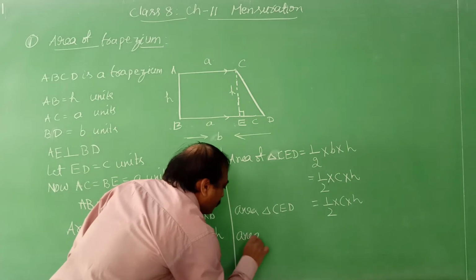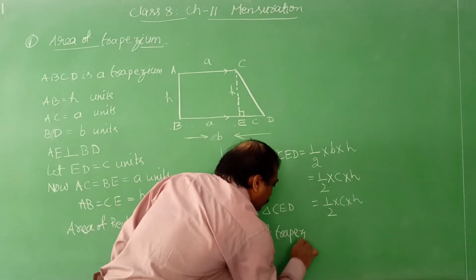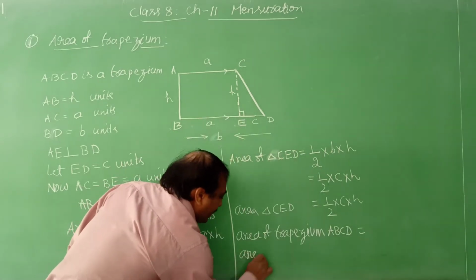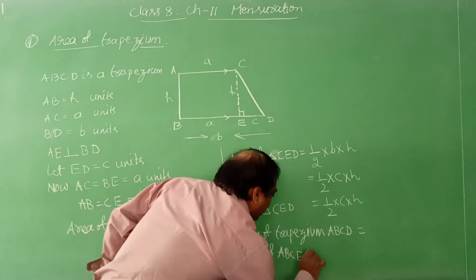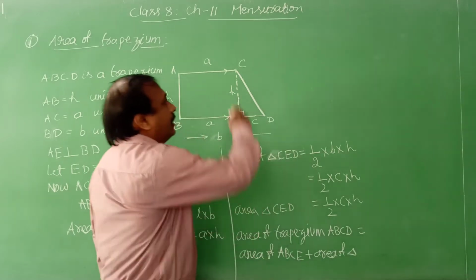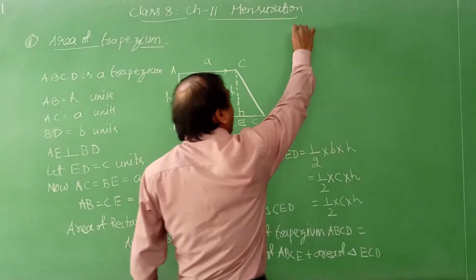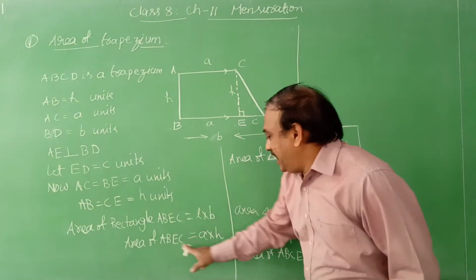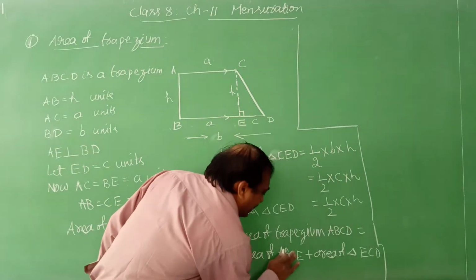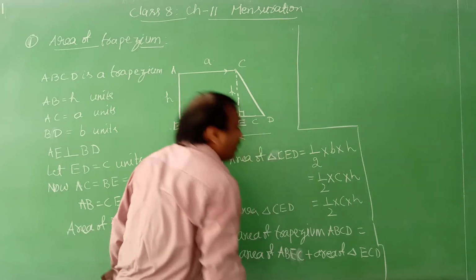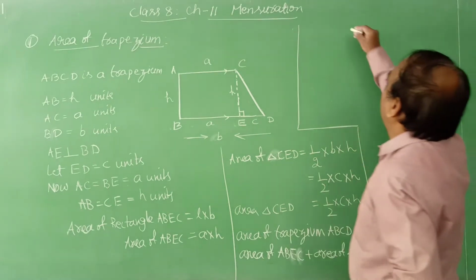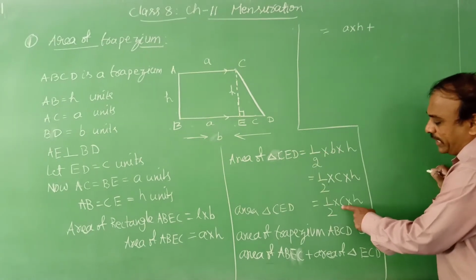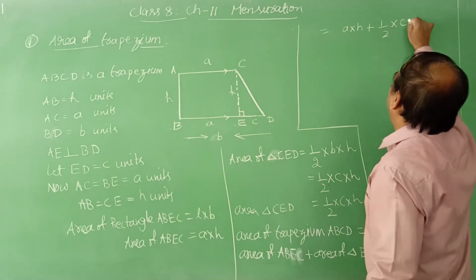So area of trapezium ABCD is equal to area of ABEC plus area of triangle ECD, which is A into H plus 1 by 2 into C into H.